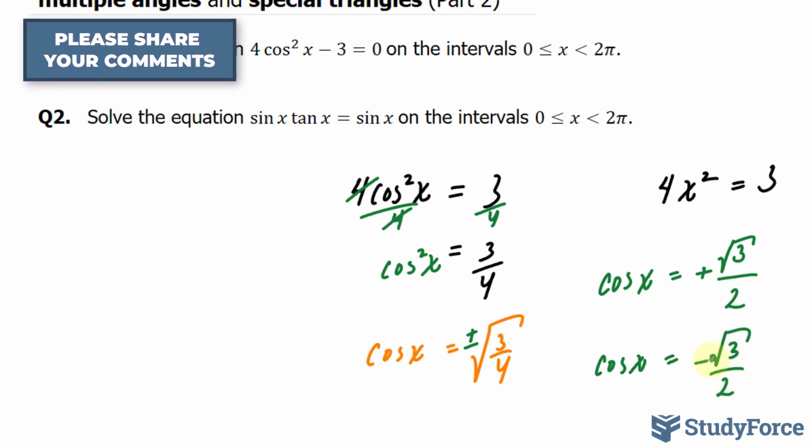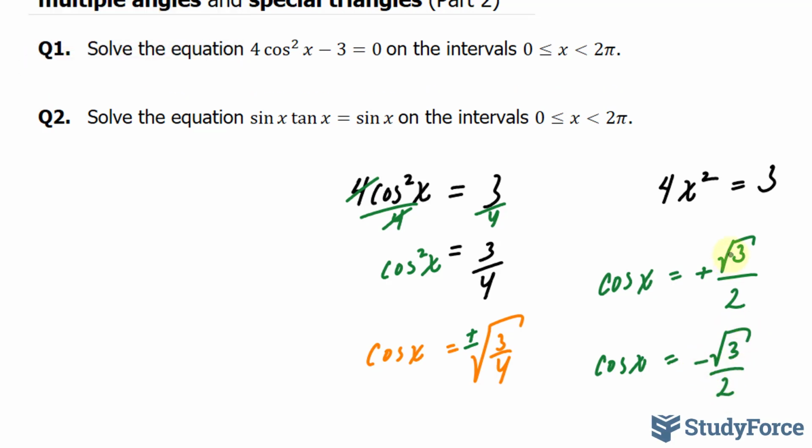There is a special triangle with these two numbers, and it looks like this. We have pi over 2 in the corner, that represents your 90 degrees, pi over 3, and pi over 6. The side across pi over 3 is the square root of 3.